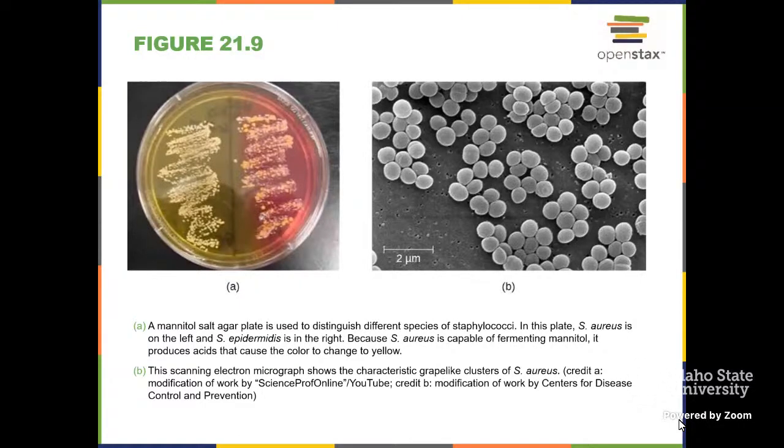Both of these bacteria we might expect to see growing on our skin. Staphylococcus aureus is one that we may think of as being more likely to be a potential for infection, all right, causing different types of staph infections. Epidermidis, not as much, all right. There are some opportunities for epidermidis to cause some infection, but for the most part, we think of it really more as a harmless commensal, just an inhabitant on the skin taking up space, all right?